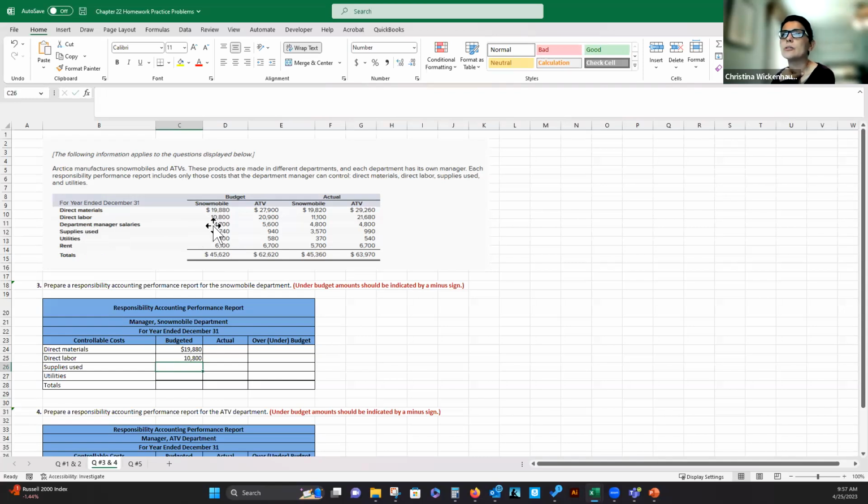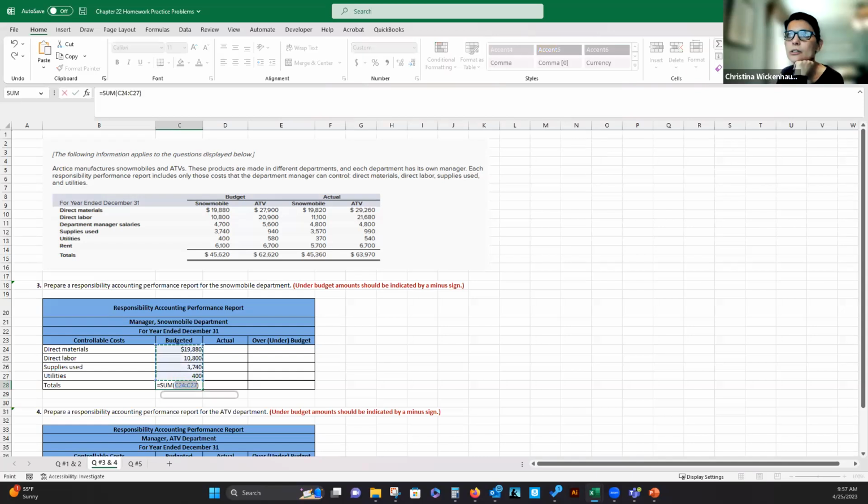So we're going to control the supplies used, which is 3740. And then the utilities of 400, but they can't necessarily control that rent because it's not like that's something that they can negotiate. Usually at the departmental manager level, that's something that's handled at the higher level. So we have our controllable costs budget.